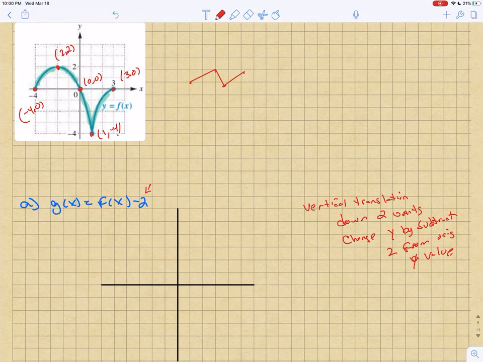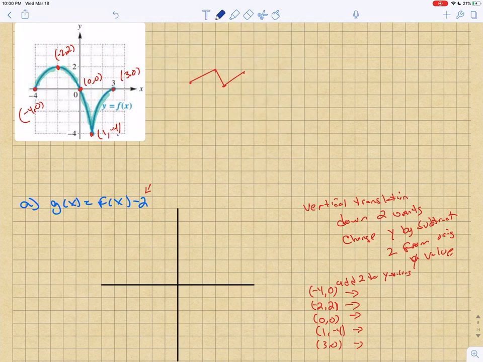I'm going to just put them in this order: -4, 0, 2, 2, by the way it's -2, I don't know why I wrote 2, 0, 0, 1, -4, 3, 0. So those were the original points. They're going to go add 2 to y values.